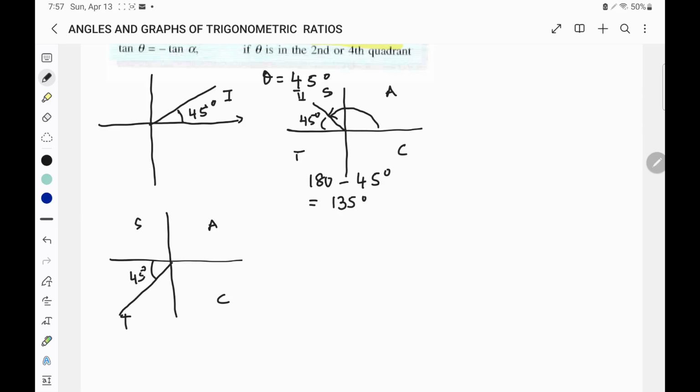So you make the basic angle 45 here and go anti-clockwise. This will be 180 plus 45 degrees, which equals 225 degrees. We are talking about the positive angle.